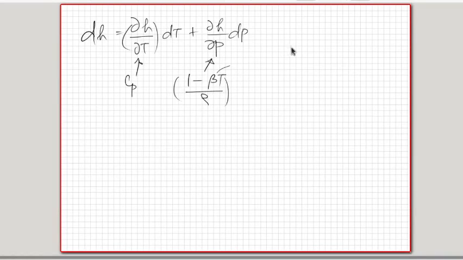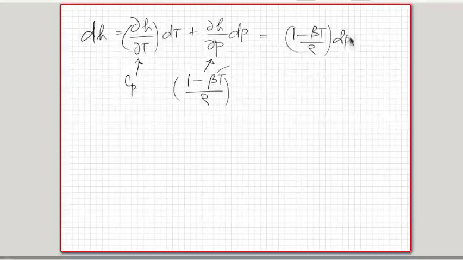So this will be equal to 1 minus beta T by rho into dP plus Cp dT.